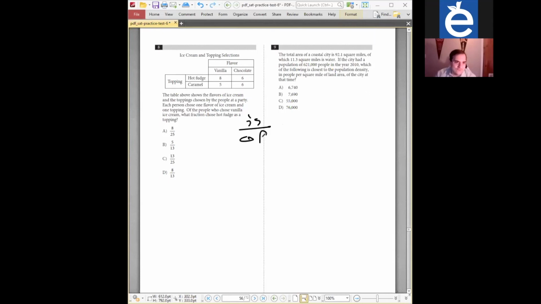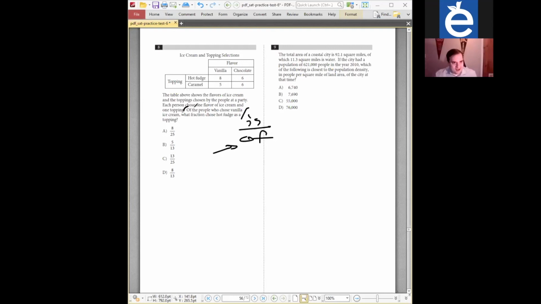It's "over of," right? This is going to ask us, of the people who chose vanilla ice cream, what fraction chose hot fudge? This is what you need to remember in these percentage questions or fraction questions. The "of" is our definition of what group we care about, right?